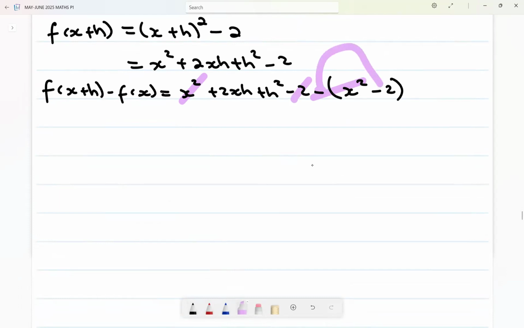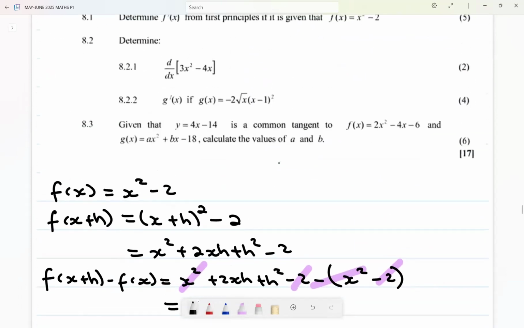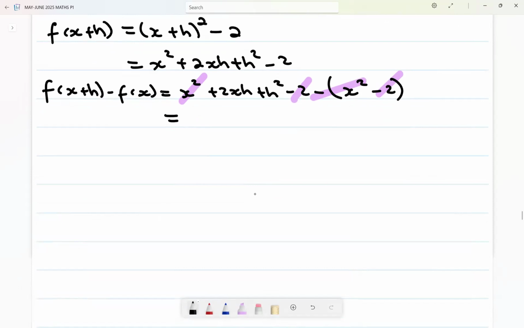Negative and negative will be plus. What I normally tell my students is that whatever is in f of x, when you do f of x plus h minus f of x, it should just go away, all of it. It should not appear. So here I'm going to be left with 2xh plus h squared.